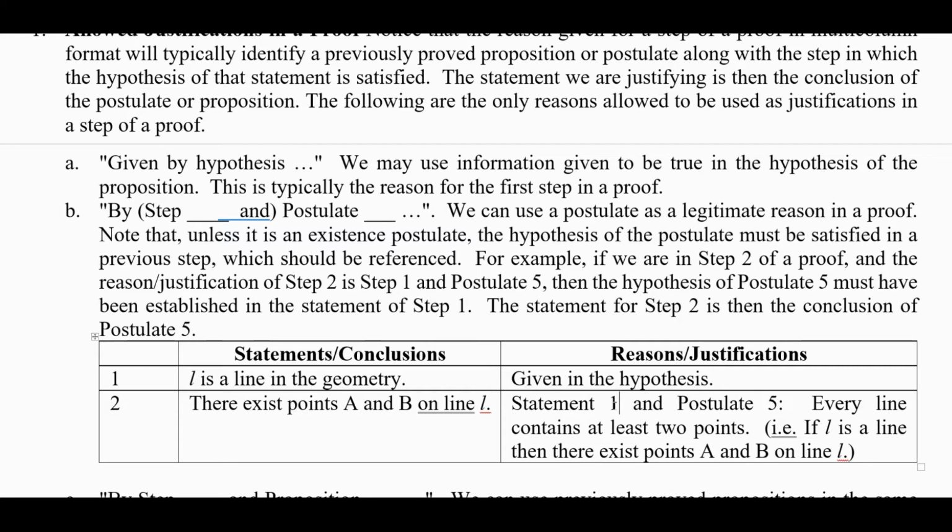We might name them anything we want, but for example here I named them A and B. Notice that where we have a postulate, we have identified where in our proof we've established the hypothesis of that postulate, and then the statement here is the conclusion of that.